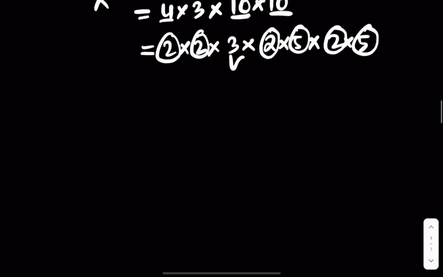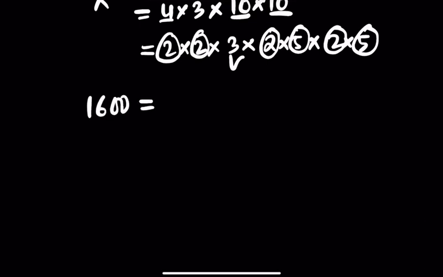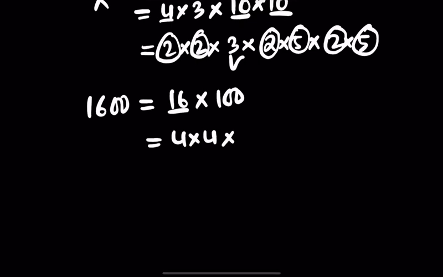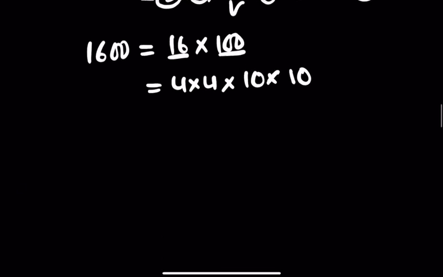Now let's look at 1600. Is 1600 a perfect square? Let's see. 16 times 100 is 1600. I can write this 16 as 4 times 4, and this 100 as 10 times 10. I can write this 4 as 2 times 2, same with this one, 2 times 2.